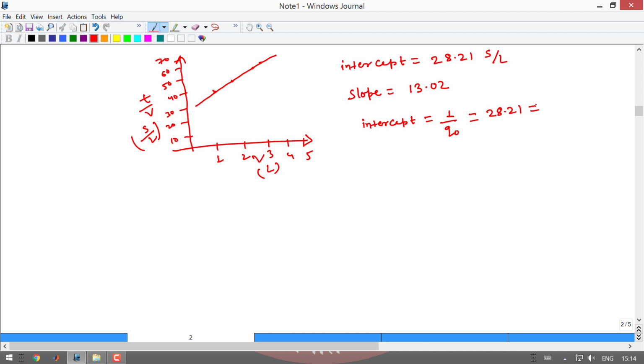In the foot-pound system it will be about 800 second per foot cube. Coming to the slope part, slope equal to Kc by 2 equal to 13.02. In the foot-pound system it will be 10440 second per foot cube.